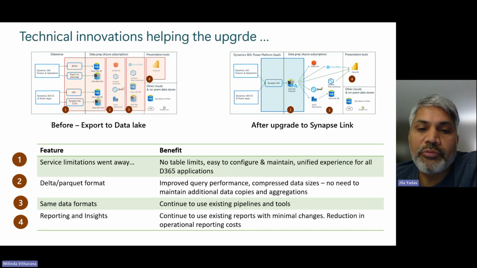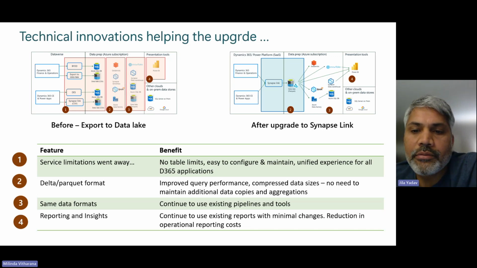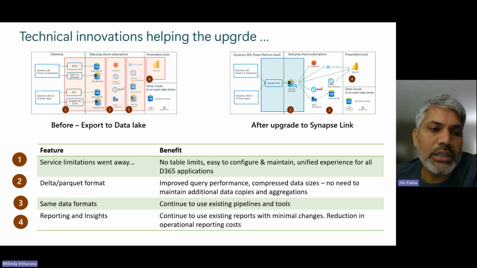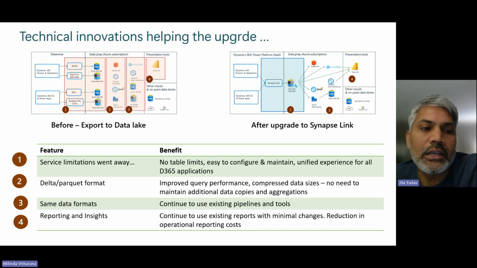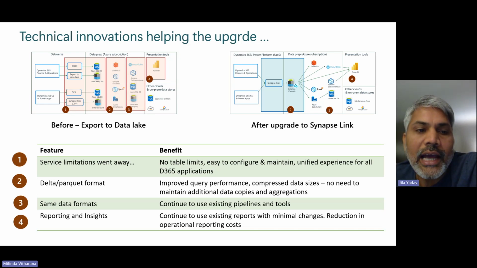What we mean is, if you are using export to data lake with the finance and operations tables, or using Synapse Link with the CSV data, you still get the same tables and same shape of the data which was there before with those services. So your downstream processes, if you have ETL, stored procedures or views created on top of the existing solutions to prep your data for BI and reporting, that still works.